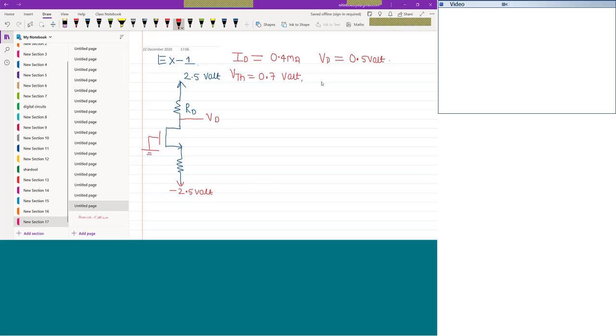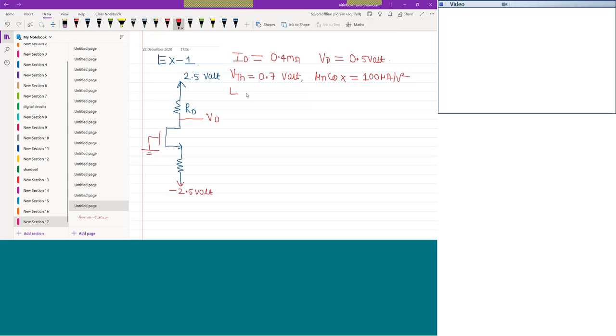The product of this mu n into COX is given as 100 microampere per volt square. This is also given.